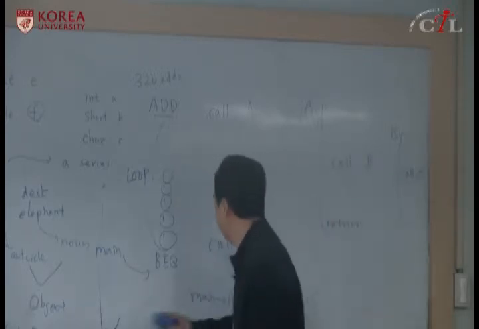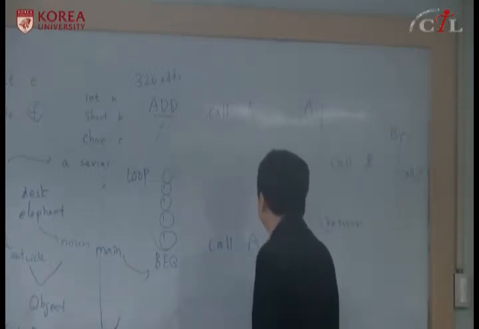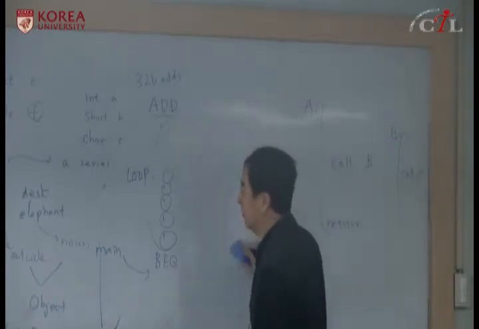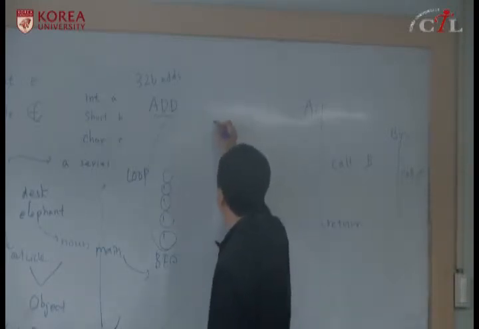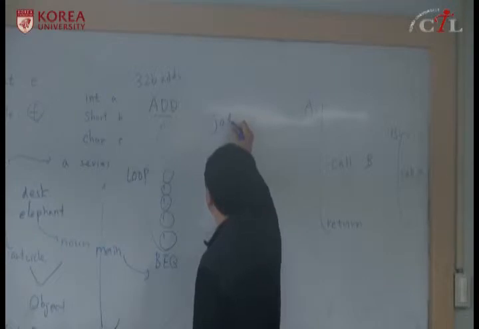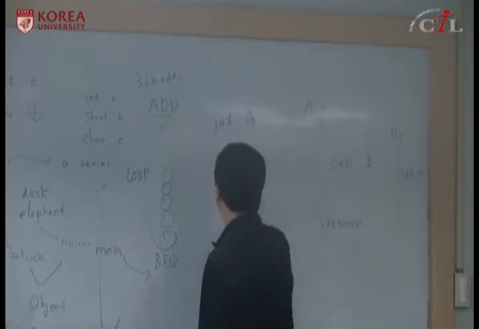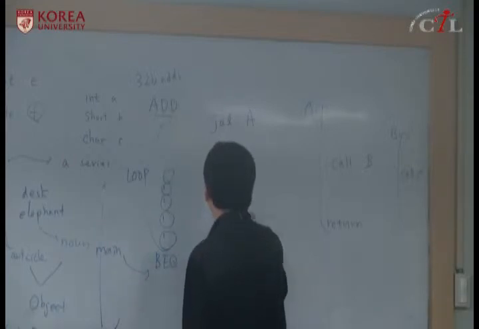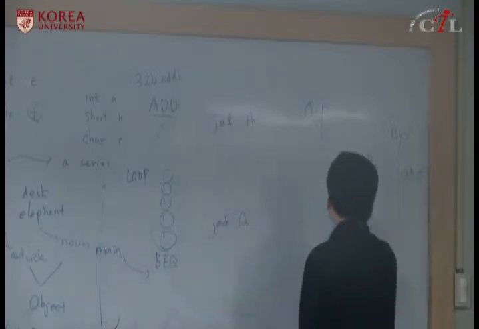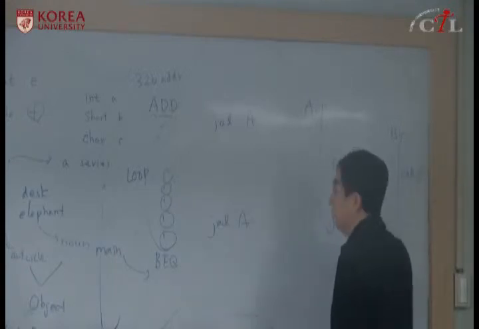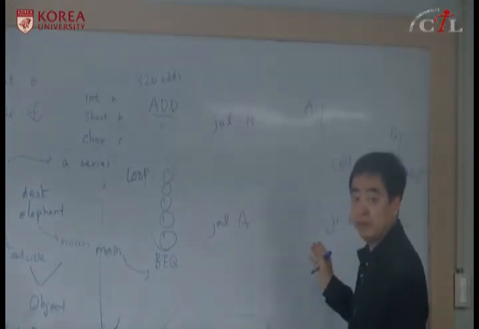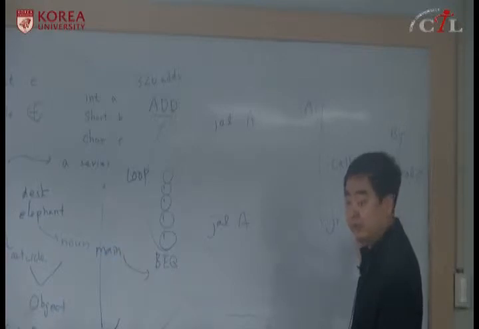So this structure is the function call. The machine instruction that corresponds to a function call is called jump and link in MIPS machine language. And return is jump register $ra. There is a special register called the return address register.